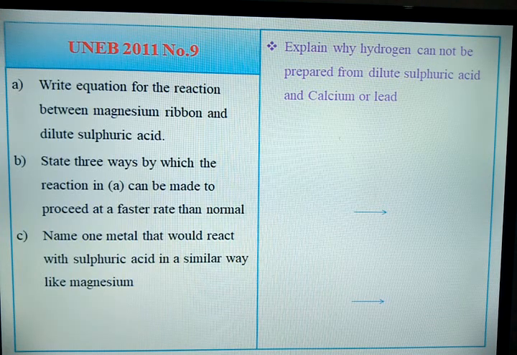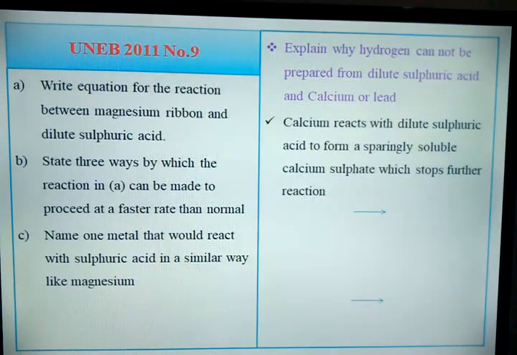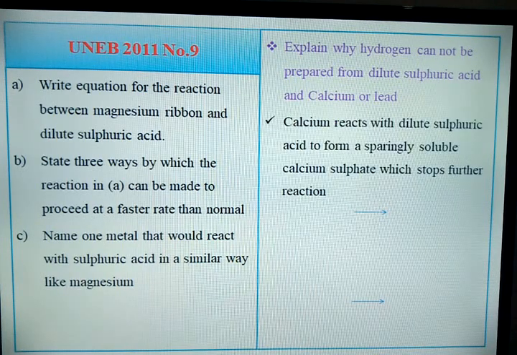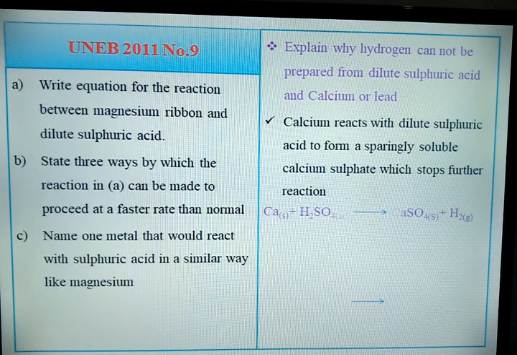State and explain why hydrogen cannot be prepared from dilute sulfuric acid and calcium or lead. These two metals can't be used if at all you're using sulfuric acid. One, because calcium will react with dilute sulfuric acid to form a sparingly soluble calcium sulfate, which stops further reaction.